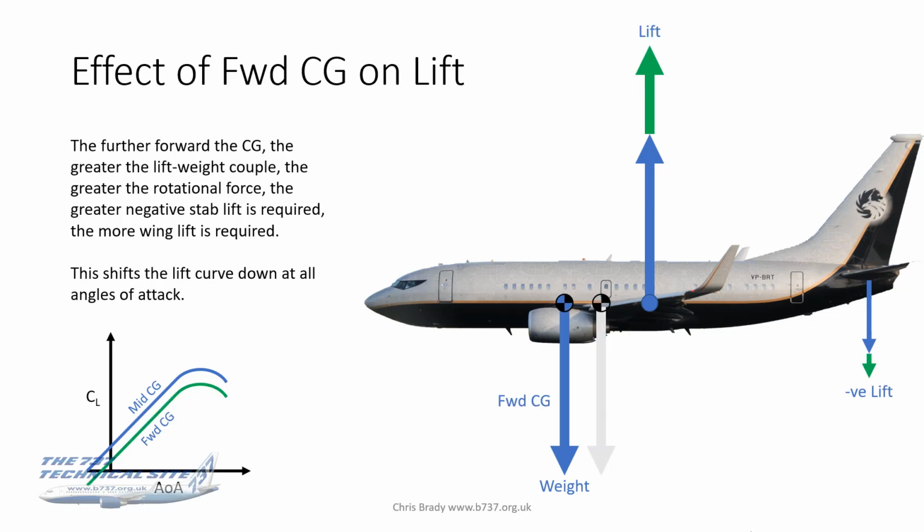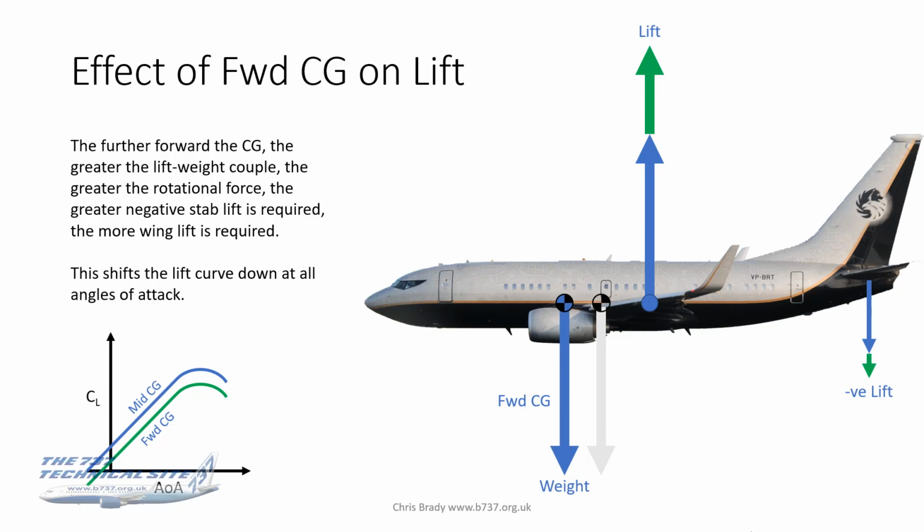Now the effect of forward CG on lift is basically as follows. The further forward the CG, the greater that lift weight couple, because the distance between the two arms is greater. That means that the rotational force created by the couple is greater, so therefore there's got to be more negative stab lift required to counteract it.